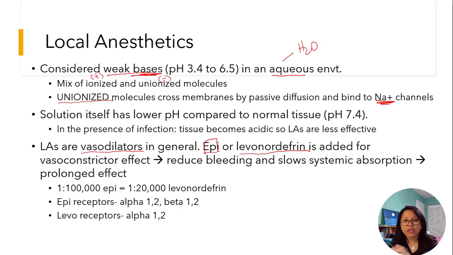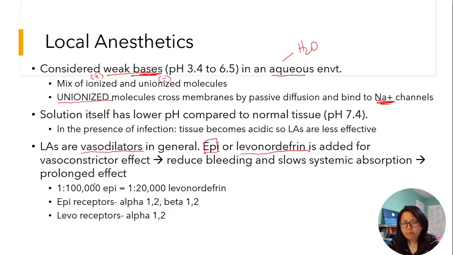So again, vasoconstrictors like epinephrine and levonorepinephrine are added to the local anesthetics. For what reason? To reduce bleeding and to slow down systemic absorption. Once the systemic absorption is slowed down, the effect is prolonging the action of your local anesthetics.